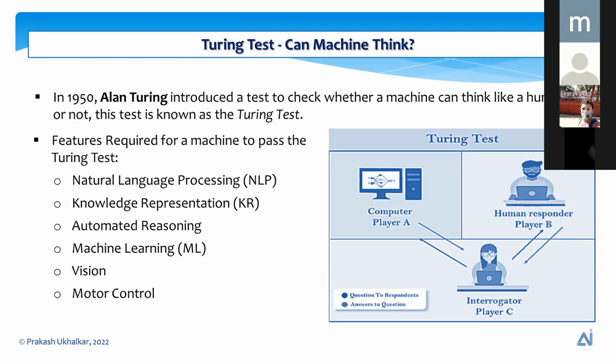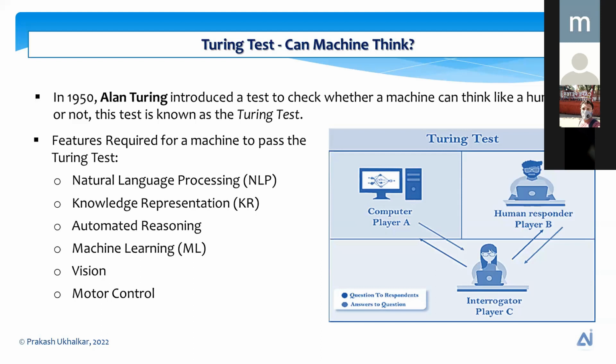The conversation between all players is performed through keyboard instructions, or maybe a screen is also given so the results can be seen, right? The interrogator may ask a question through speech, or type something as a written instruction, and both players will respond back to the interrogator.